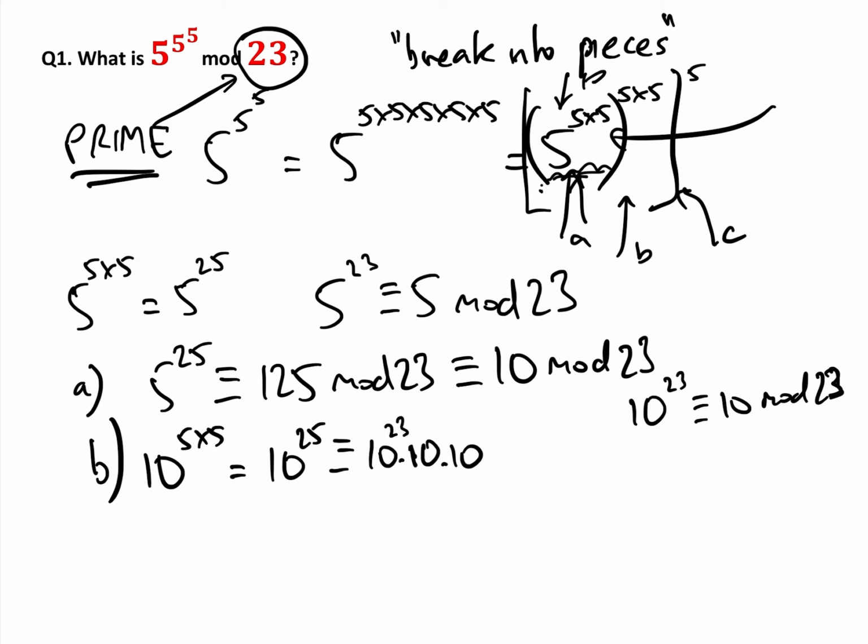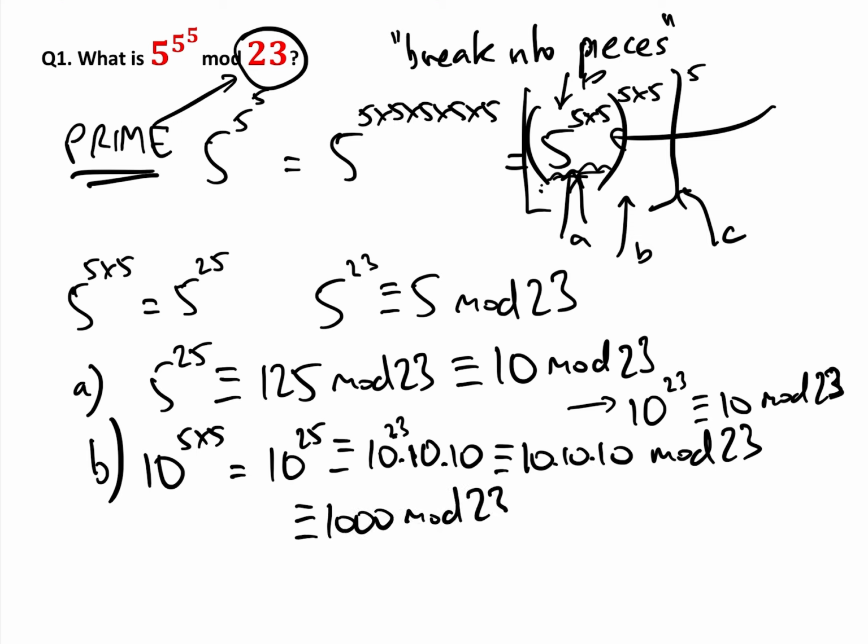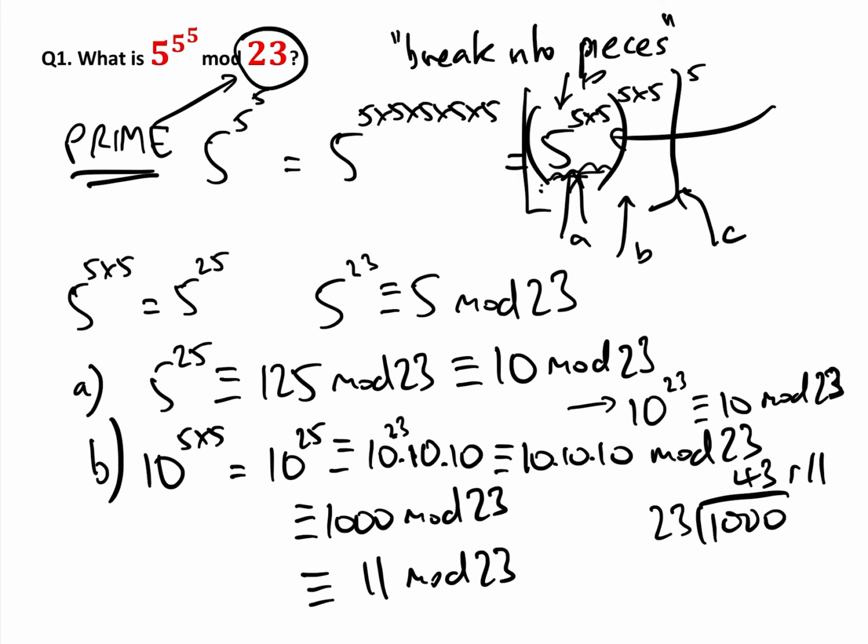So this equals 10 times 10 times 10, which equals 1000 mod 23. And 1000 divided by 23 gives 43, remainder 11. So that equals 11 mod 23.